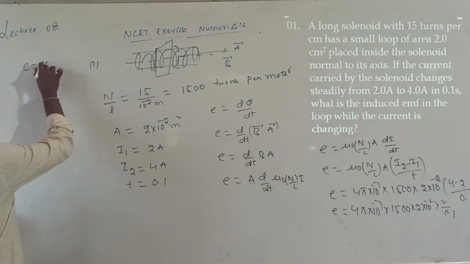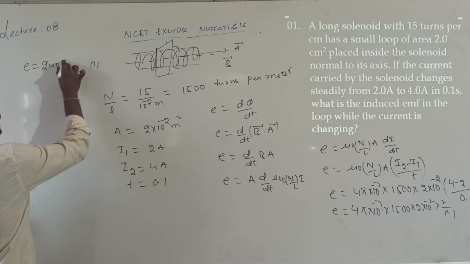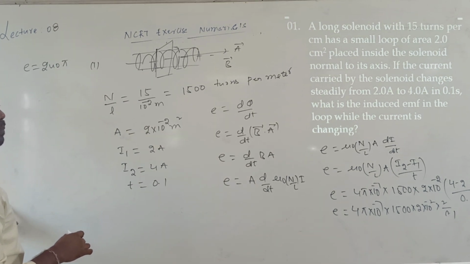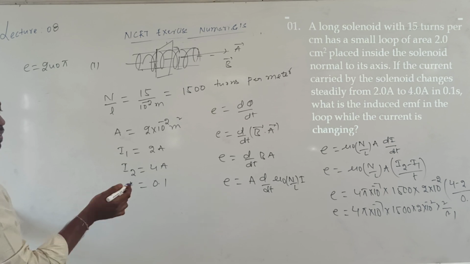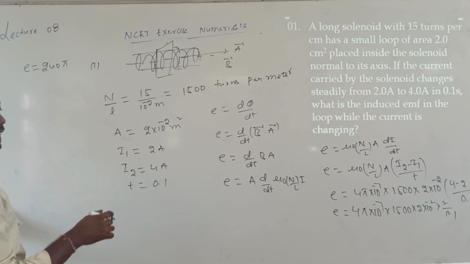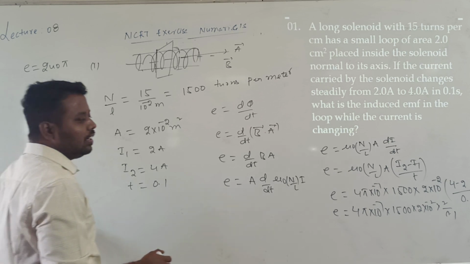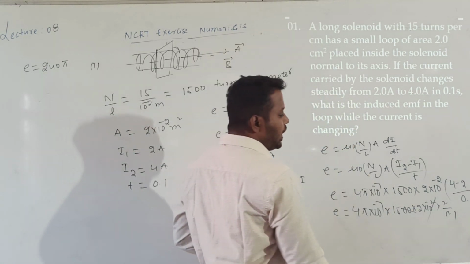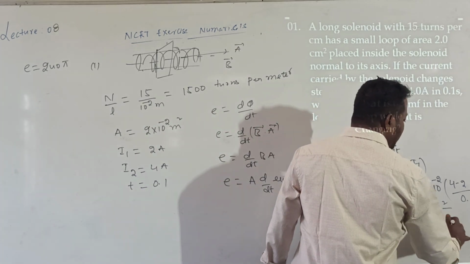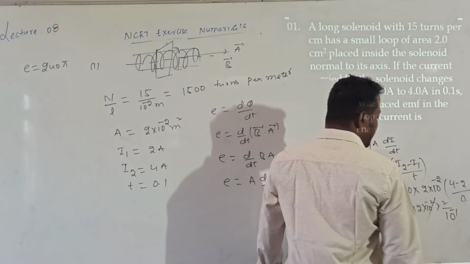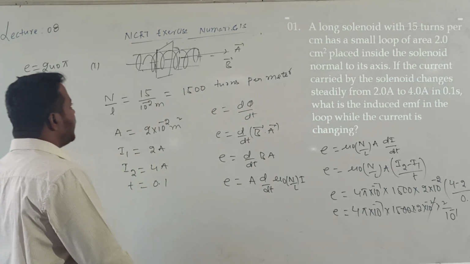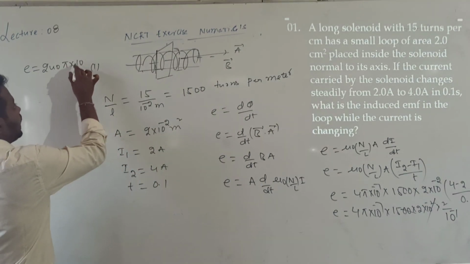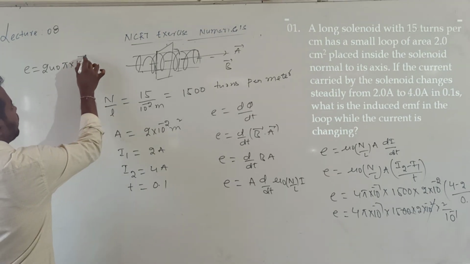So what will I get? 240 pi into 10 power, how much value was there? So 10 power of minus 7, 10 power of plus 2, the plus 2 will be cancelled here, 10 power minus 2 cancels. Denominator 0.1 means 10 power minus 1, 10 power minus 1 will come to numerator, that is 10 power plus 1, so it is given by 10 power of how much? 10 power of minus 6.